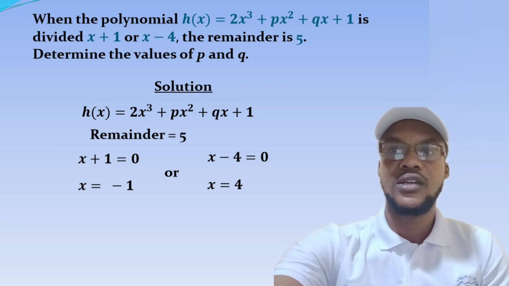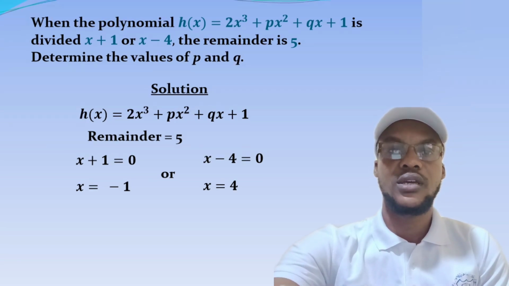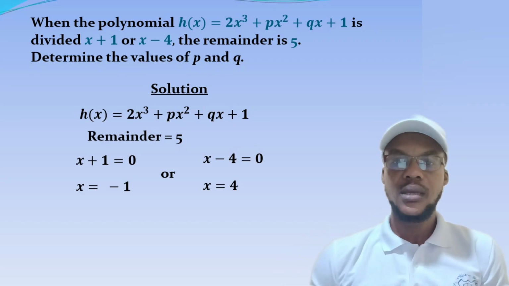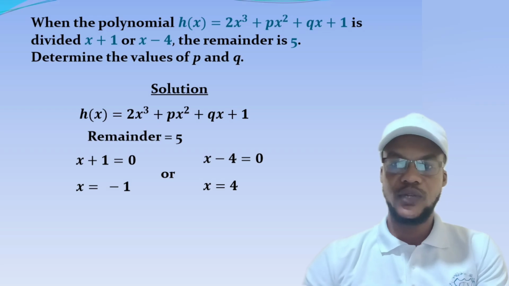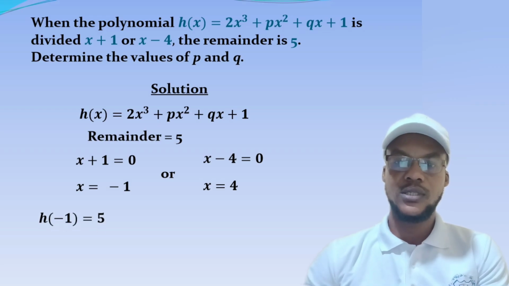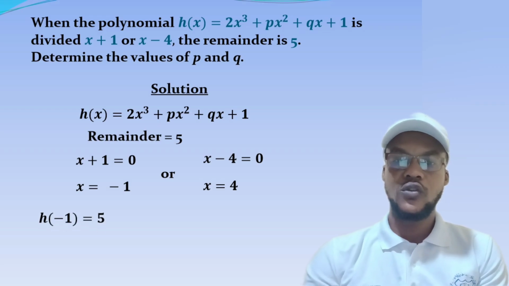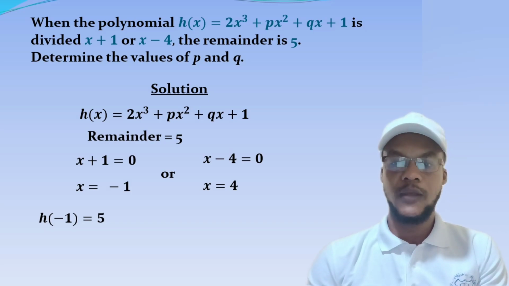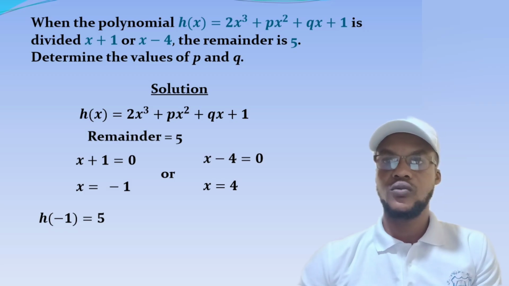All right, great. So let's quickly do that. We know that we are given the remainder as 5. So we are going to substitute -1, and when we substitute -1, the remainder is going to be 5. Let's see how this is going to work.